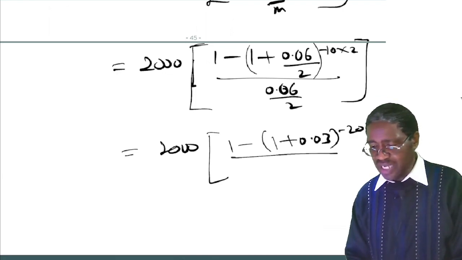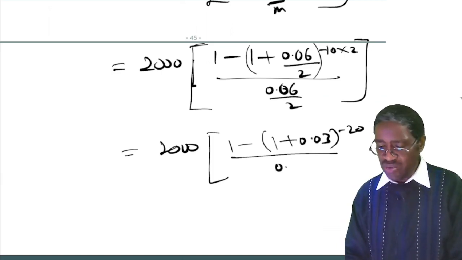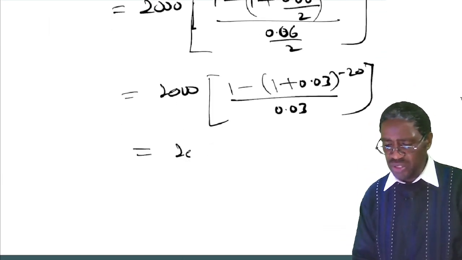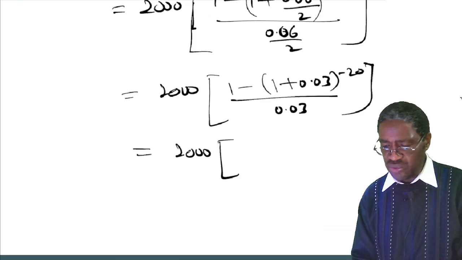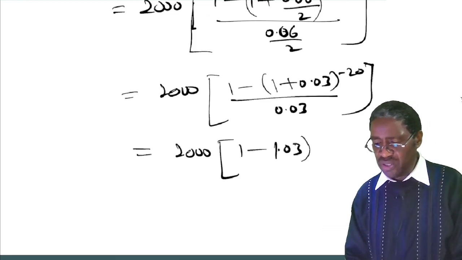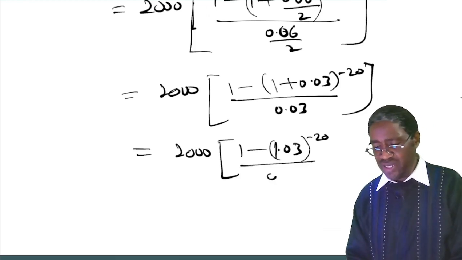I divide that by 0.06 divided by 2, that will be 0.03. Then if I simplify this further, this will be 2,000 into 1 minus 1.03 to the power of negative 20, divided by 0.03.